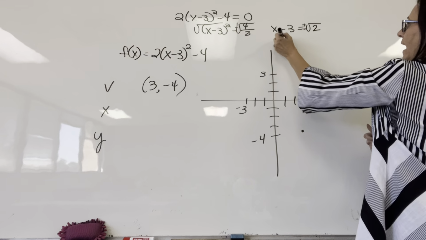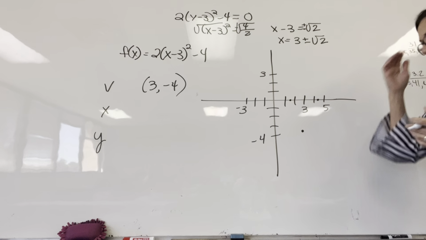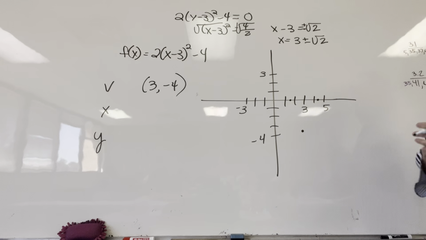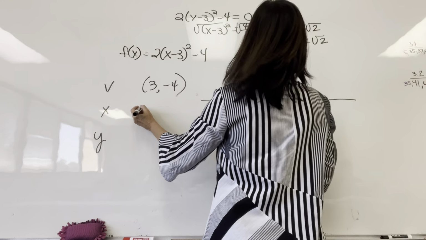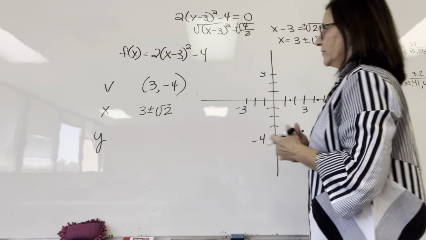And what is minus? 1.6. I know it was about 1.6. All right, so now I have the x-intercepts. They are 3 plus or minus square root of 2, and you'd have to know the decimals.